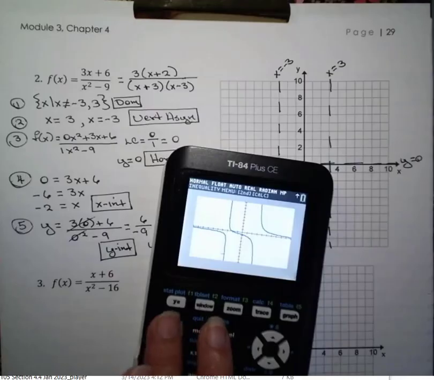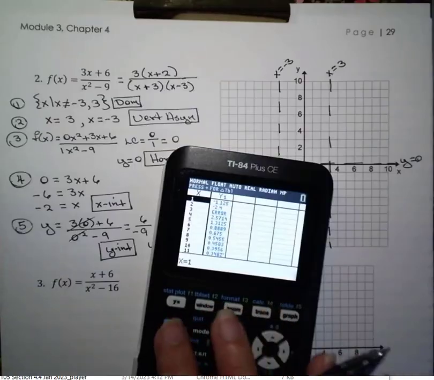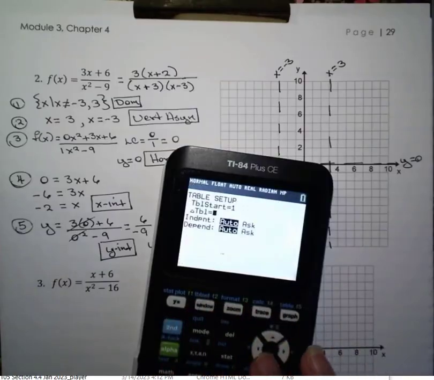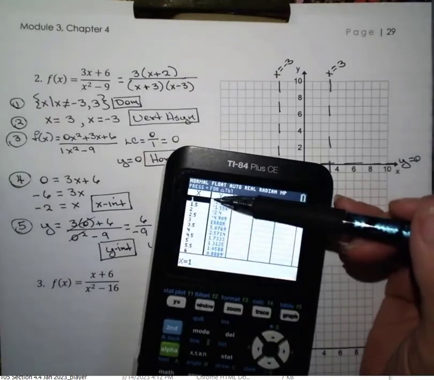And I'm going to go to my table to get some values. Now this one, I'm going to just go ahead and use these values, even though they're all fractions and decimals. I can try to go to table set and set increments of table to 0.5 instead of 1, and then let's see what the table values look like now. They're still not whole numbers, are they?